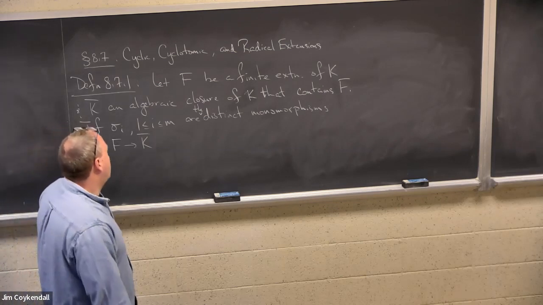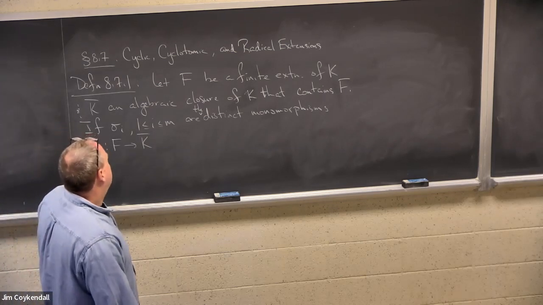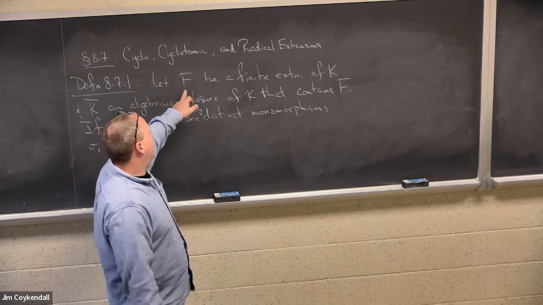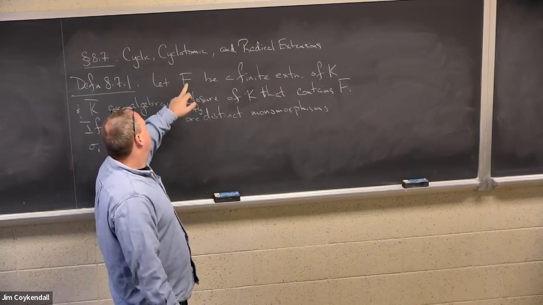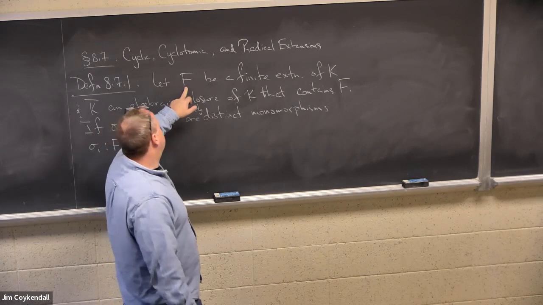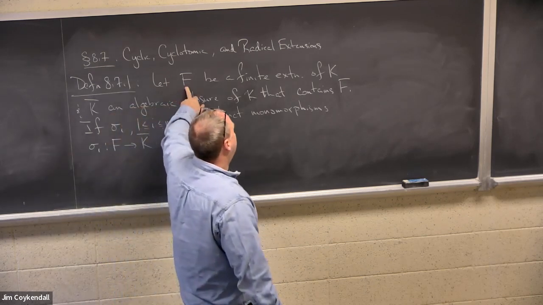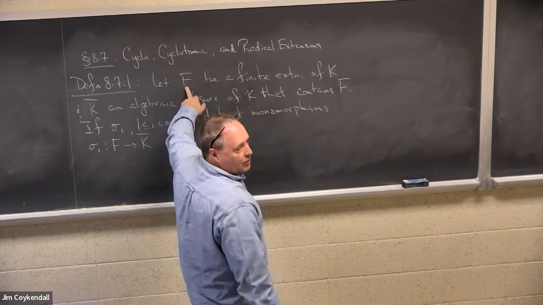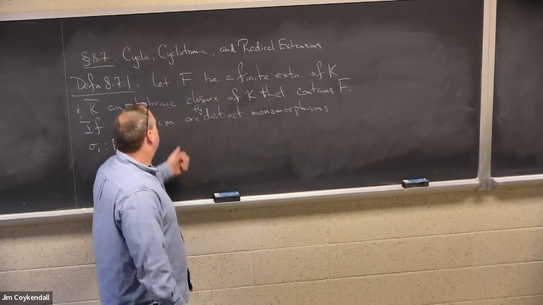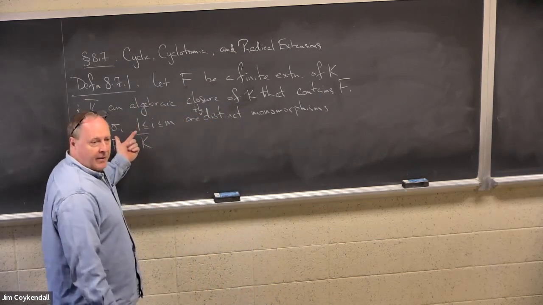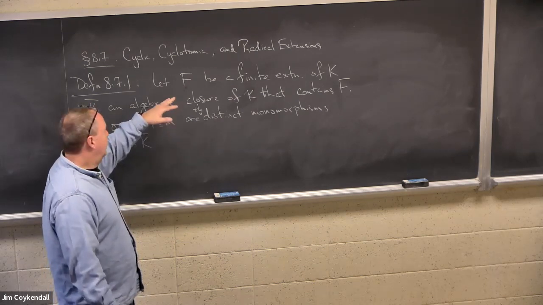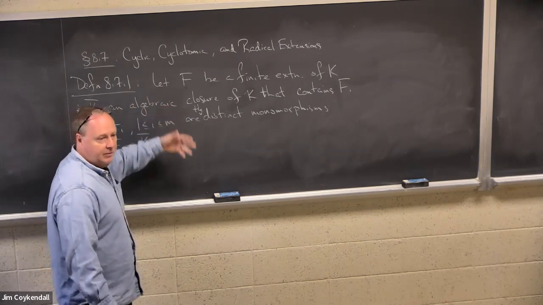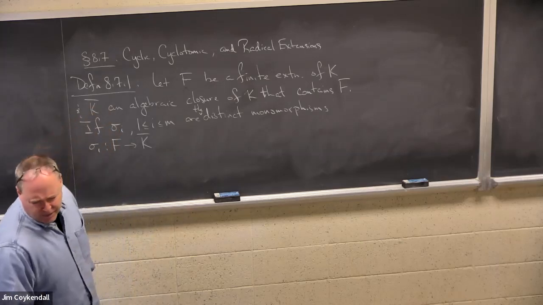And by the way, let me point out that since F is a finite extension of K, it's an algebraic extension of K. And so notice if you have any element of F, it's a root of a polynomial over K. And so you're limited in your number of monomorphisms, right? Because any element of F can only go to finitely many conjugate roots.